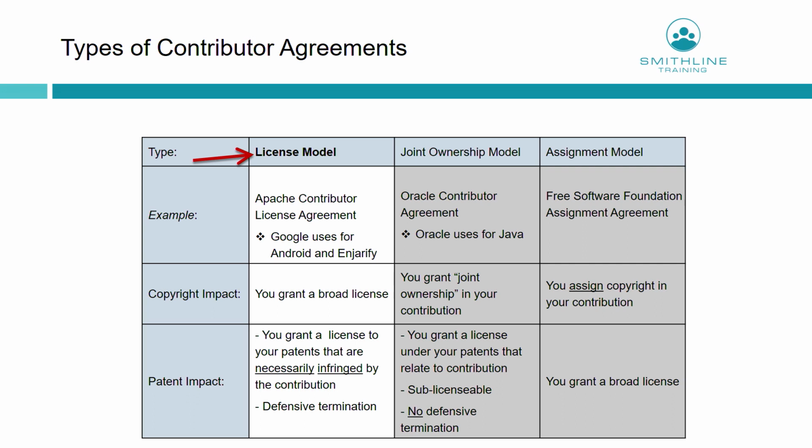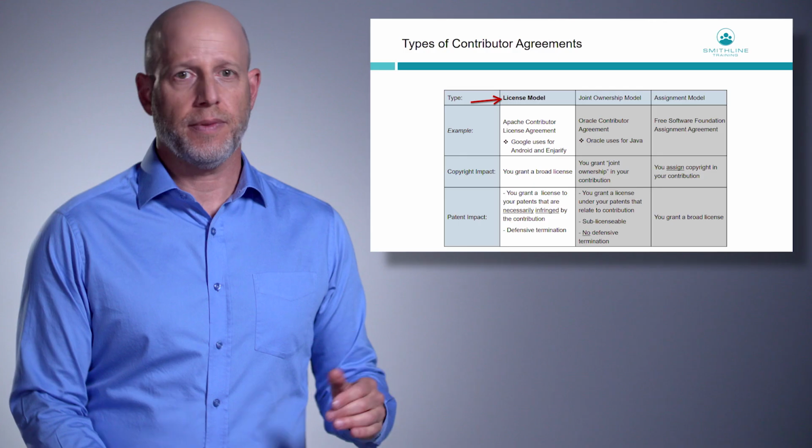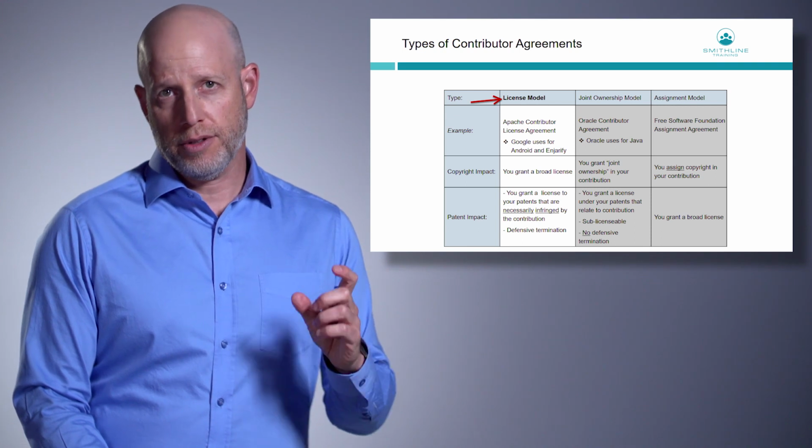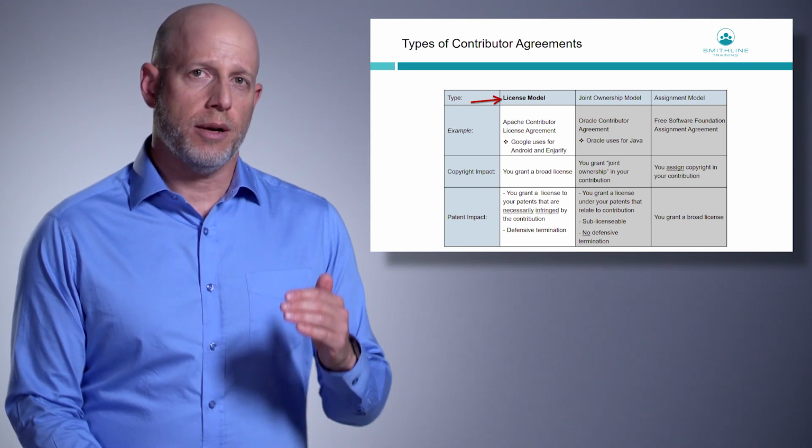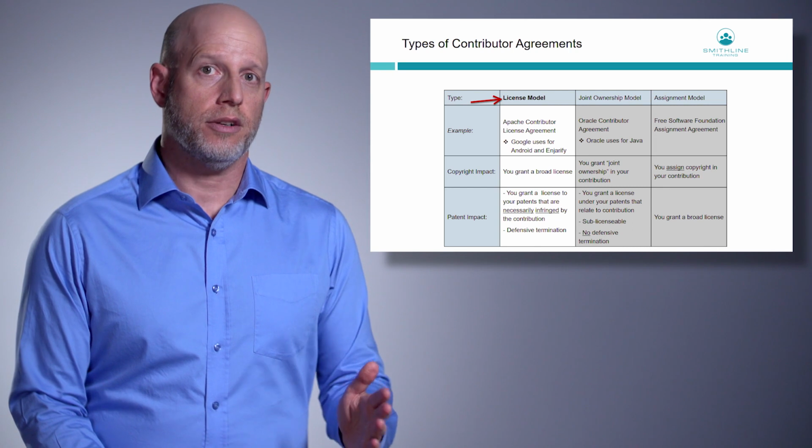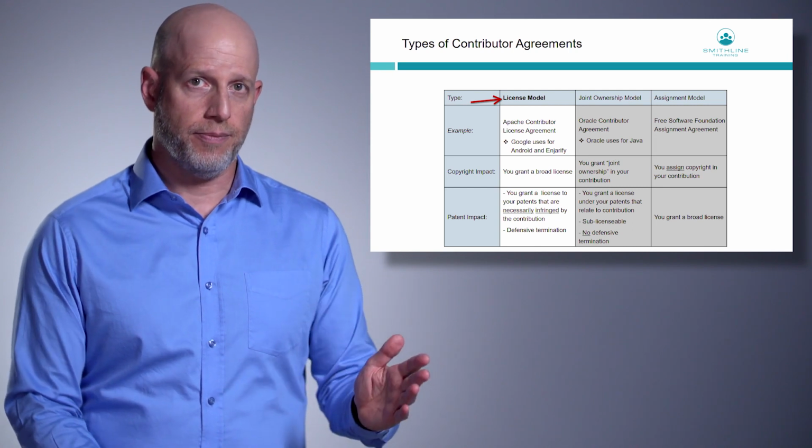The Apache Foundation uses the license model for the projects that it operates, and Google has also adopted the Apache Foundation's form of contributor agreement for both Enjarify, the project I just mentioned, and Android. In fact, the Apache Contributor License Agreement is in very widespread use in the open source community. Under the Apache model, or the license model, you grant a broad copyright license in your contribution to the project lead.